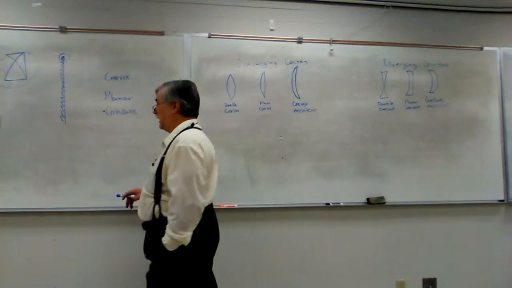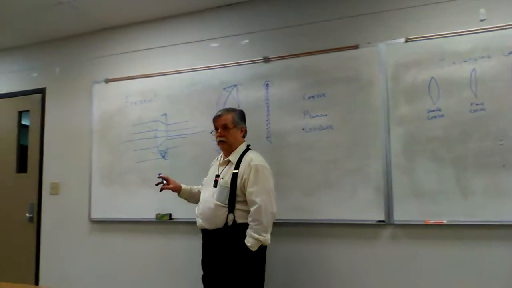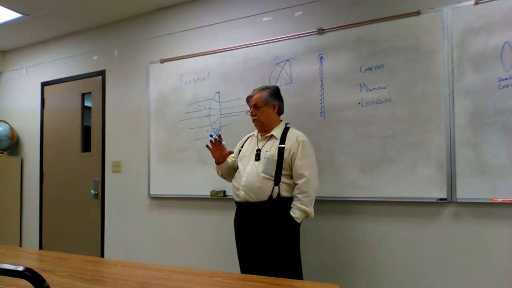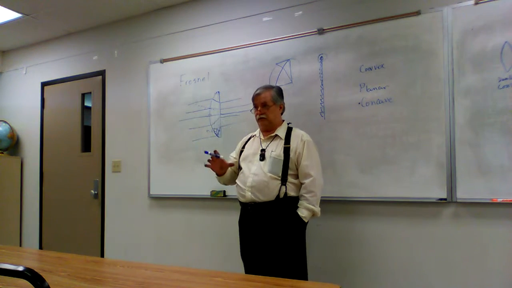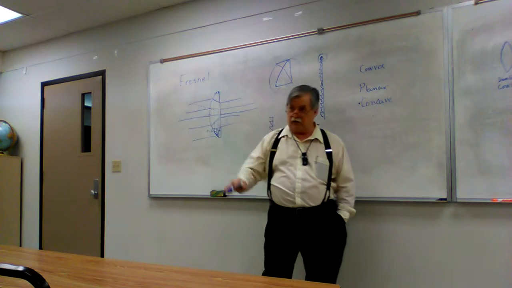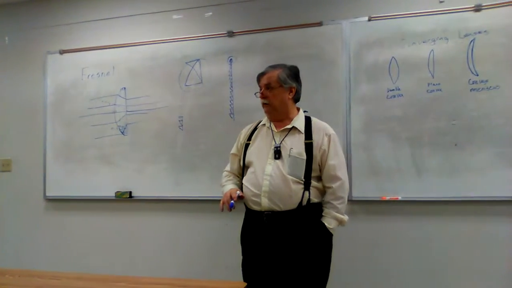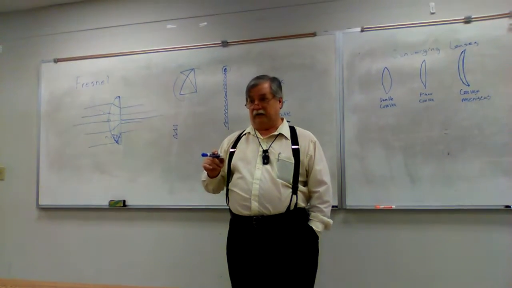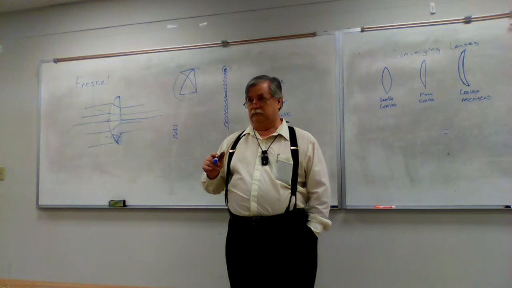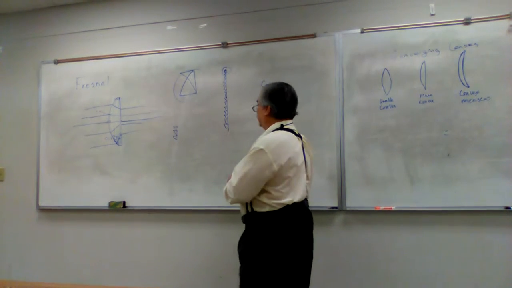The same thing applies to lenses. When the diameter of the lens is much smaller than the radius of curvature of the lens, it's considered a thin lens. Okay? And it has to do with Fresnel.